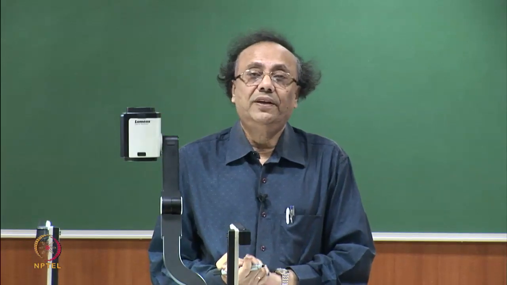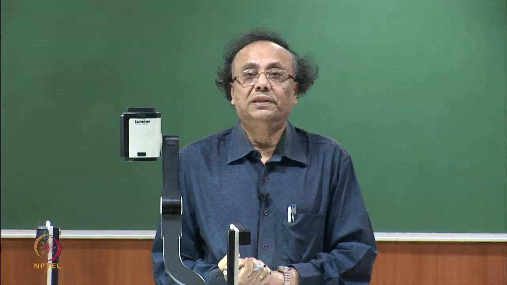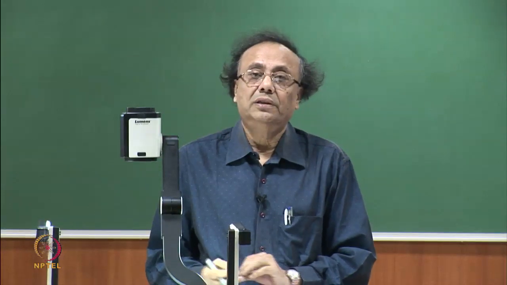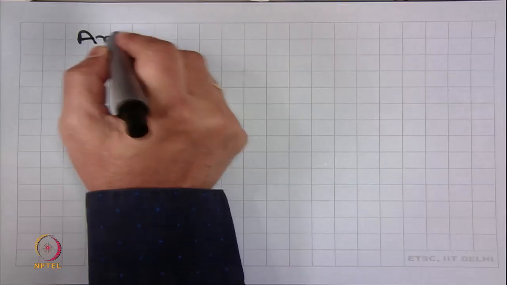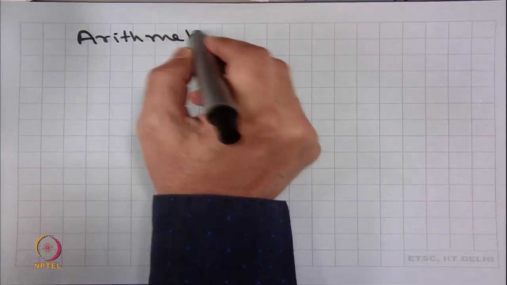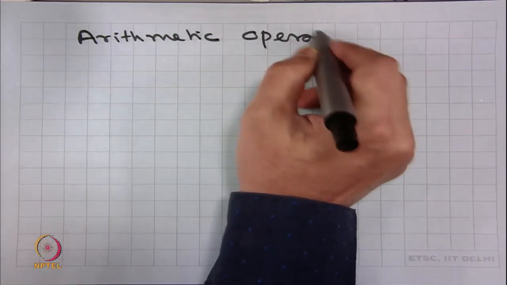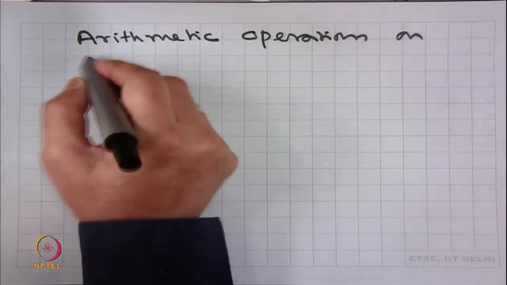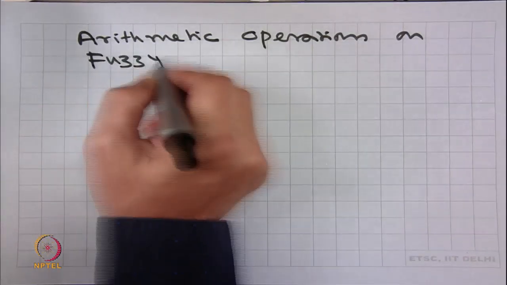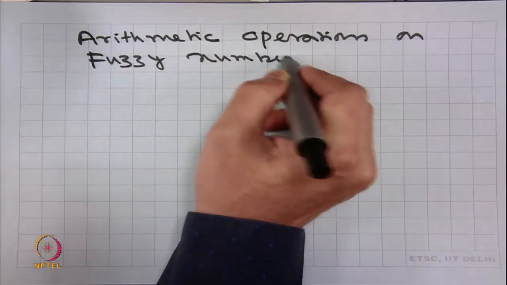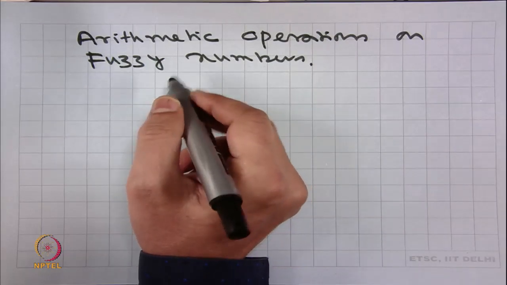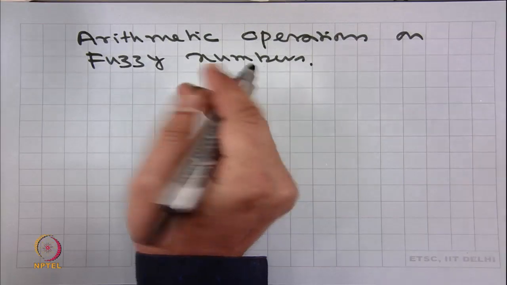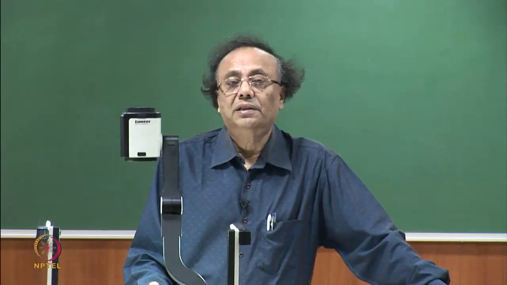Once the basics of interval arithmetic are clear, we now focus on arithmetic operations on fuzzy numbers. As I said, we will look at the alpha cuts, then we will operate on the alpha cuts, and from there we will try to recover the output.